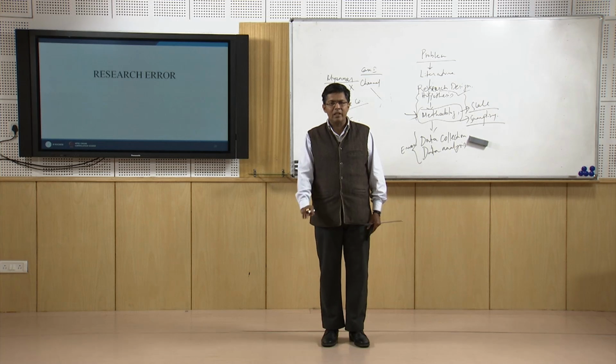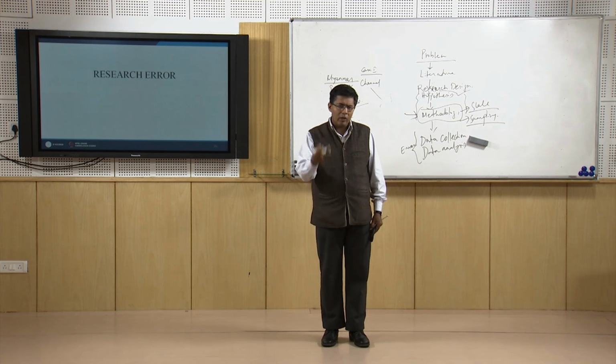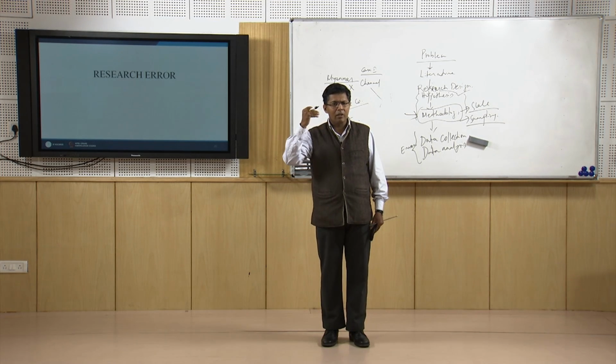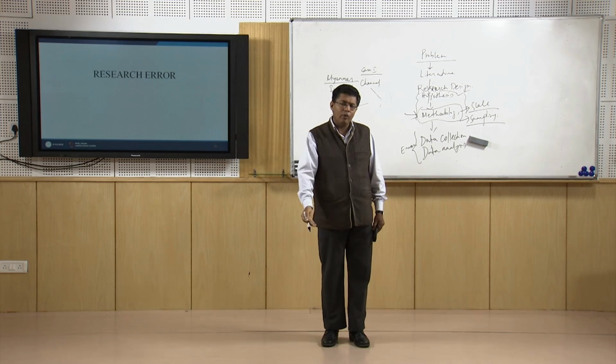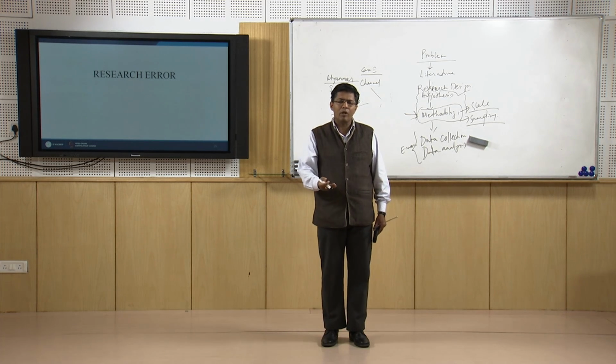As a researcher one has to be very careful. It is not only the method; it can be the way you observe, the way you collect the data, what questions you have asked as a part of the survey or questionnaire, what scale you have utilized, and whether the sample is a right sample or wrong sample.